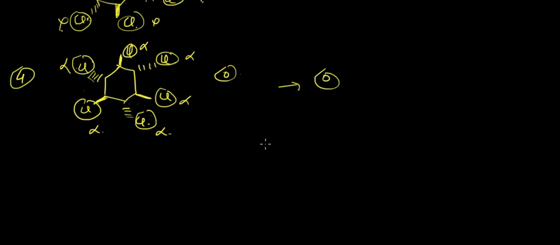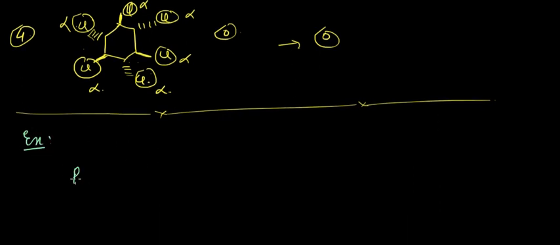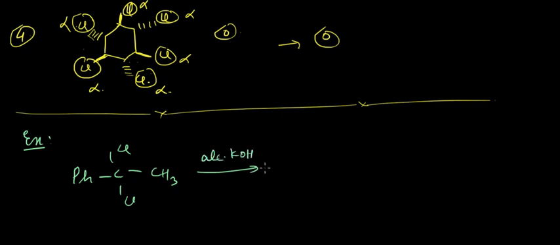Okay, so let us now look at another example. So we have something like this, and CH3 here. It undergoes alcoholic KOH to form product this.